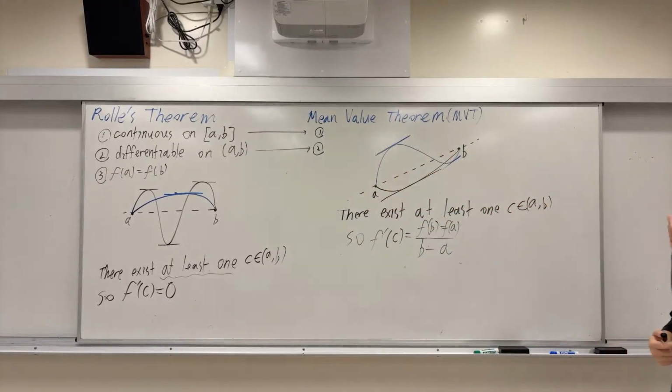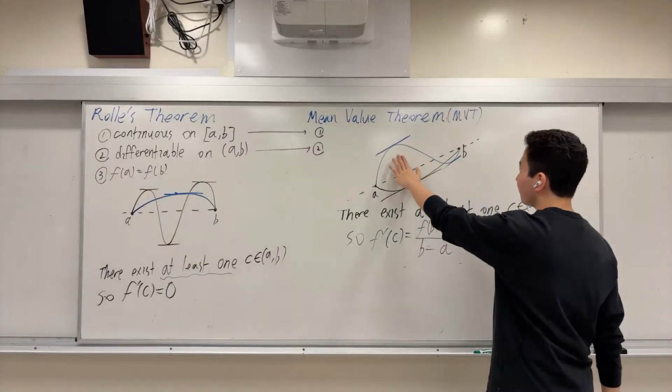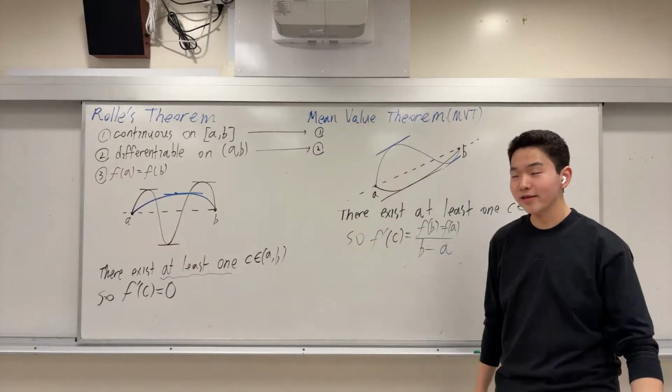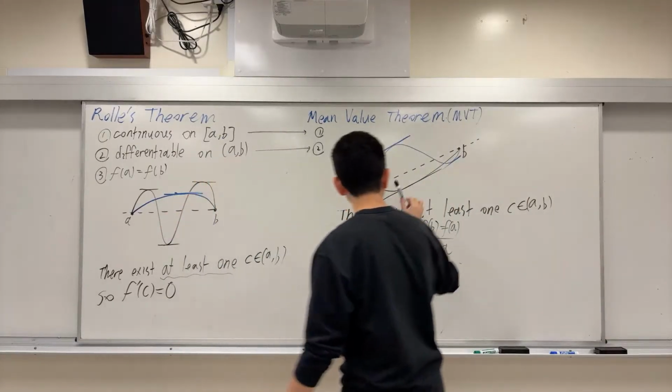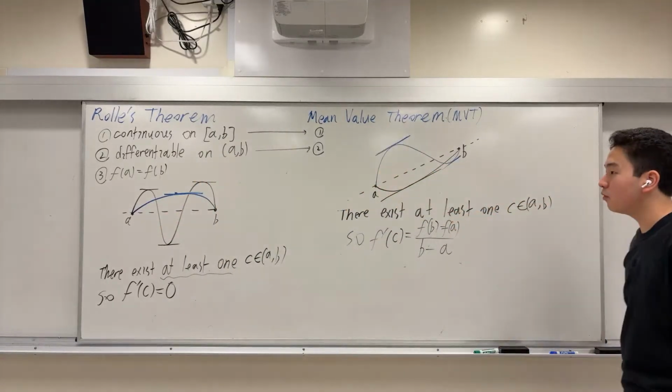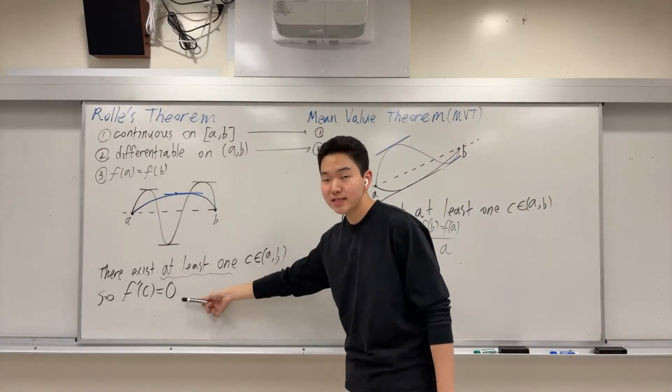They both tell you that there has to be something somewhere in the curve. It doesn't show us where, but somewhere there has to be a point where the tangent line equals the average rate of change between these 2 points. And Rolle's theorem is just a special case where the average rate of change is 0.